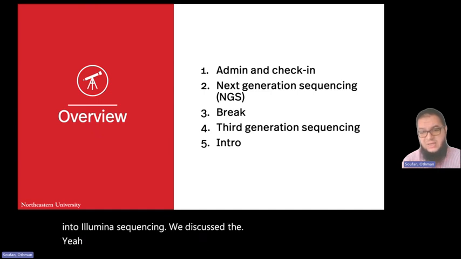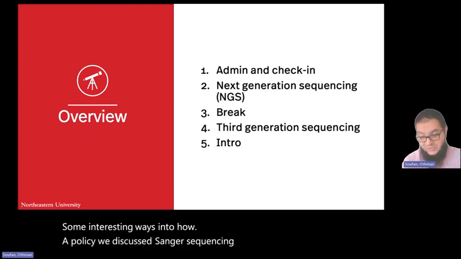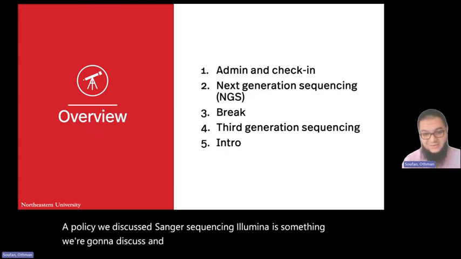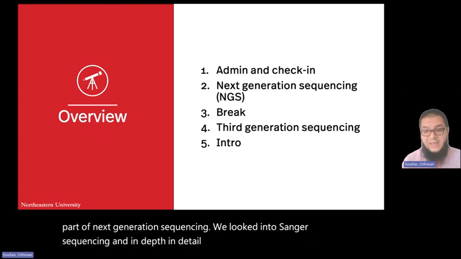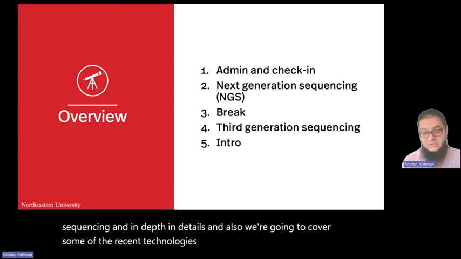We discussed Sanger sequencing. Illumina is something we're going to discuss in this part of the course, which is part of next generation sequencing. We looked into Sanger sequencing in depth and in detail, and also we're going to cover some of the recent technologies that are third generation sequencing.